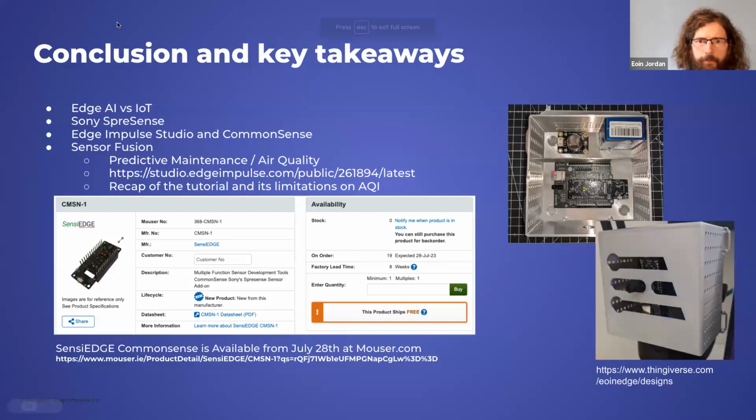Just let me know if you can see my screen. Okay, great. So the conclusions here: the Sony Spresense and the CommonSense together are able to do more advanced types of predictive maintenance scenarios that involve air quality, or indeed other sensor fusion examples, such as the one that Sean Himmel went through, where he built a complex version of the intelligent wand.